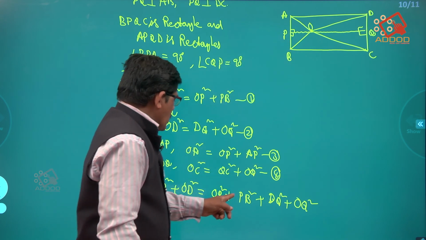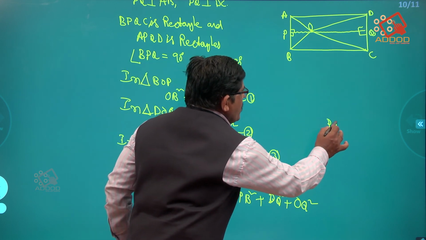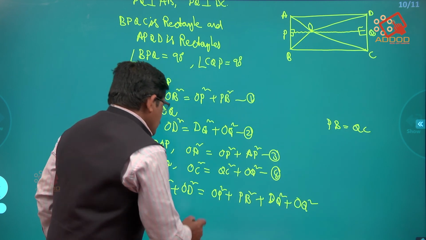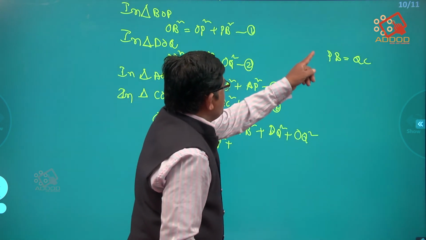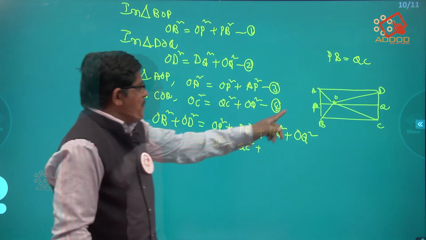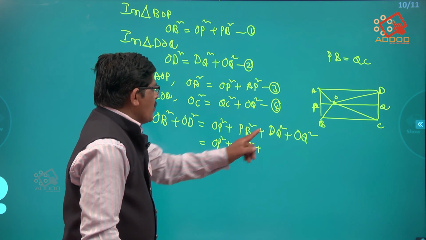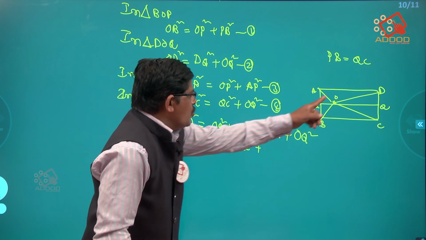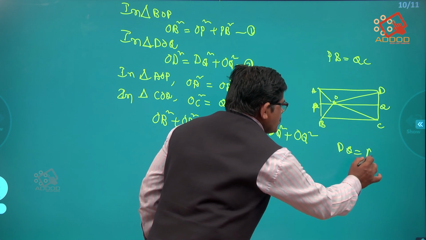Where is PB? PB length is equal to QC length. PB is equal to QC. Therefore OP square plus QC square, and DQ is equal to AP. DQ length is equal to AP length.